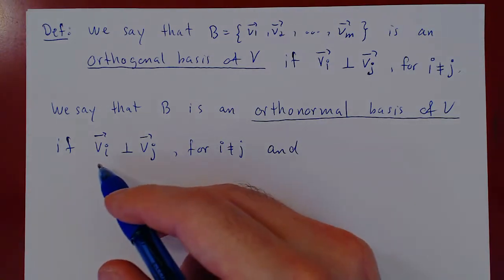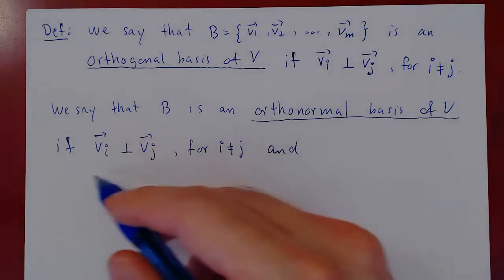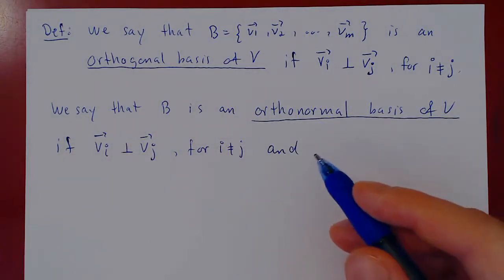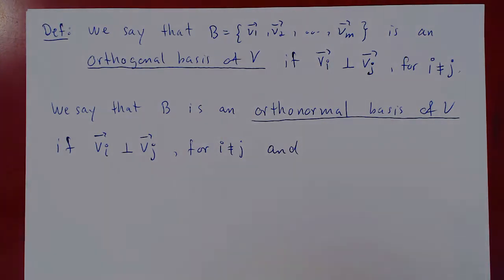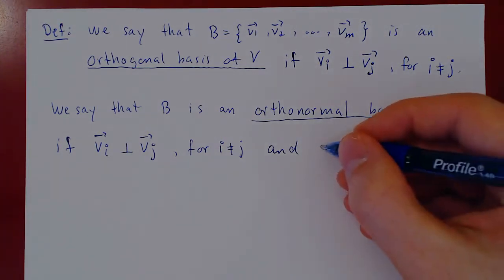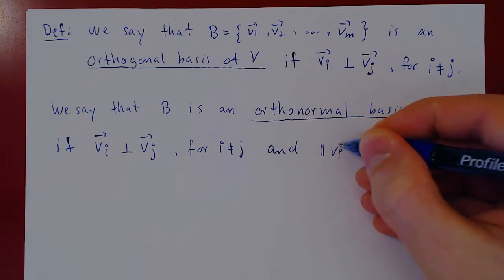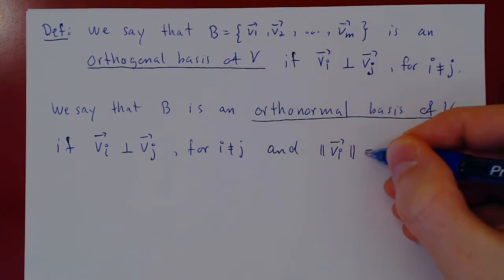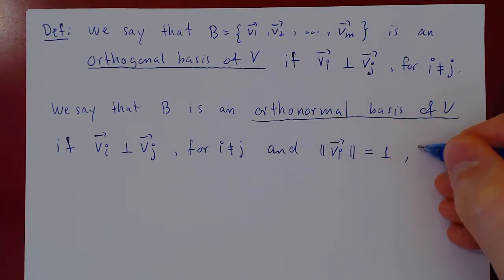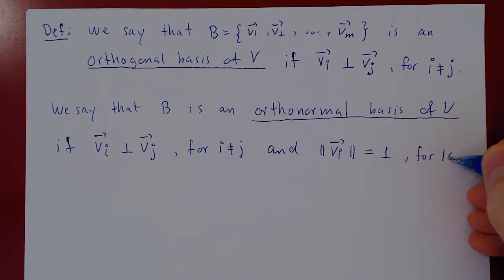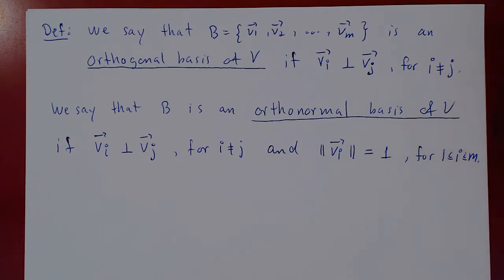They're all perpendicular to each other, and on top of this, they all are unit vectors. So the length of every vector in the basis is equal to 1. And that is an orthonormal basis.